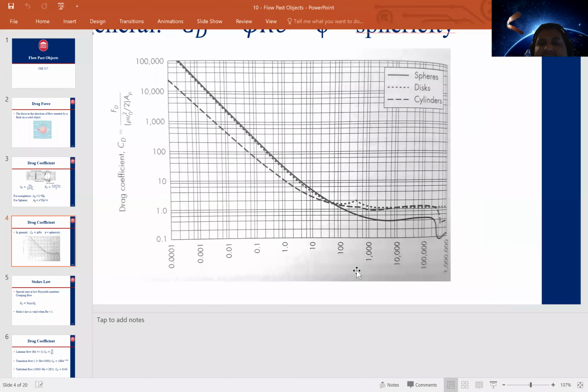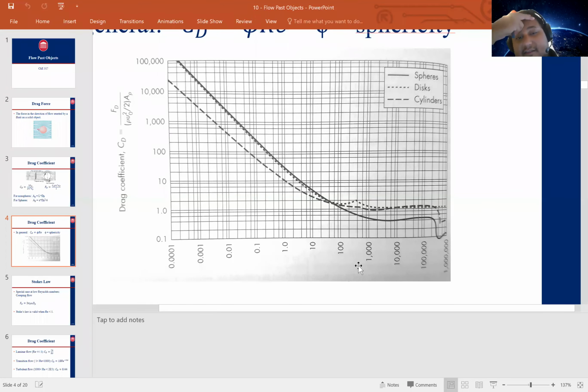When we're looking at the far right side, which we consider largely turbulent flow, we find that the drag coefficient actually approaches a constant value over an appreciable range, typically between 1,000 and 100,000 of Reynolds number.